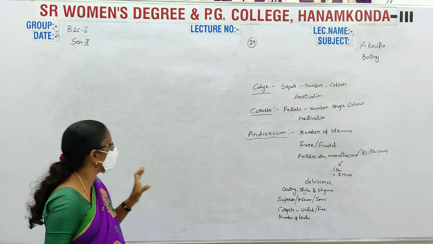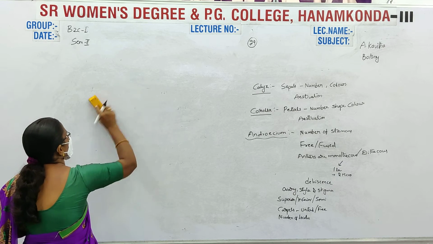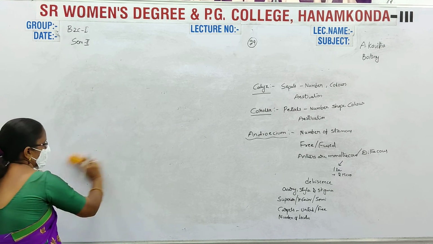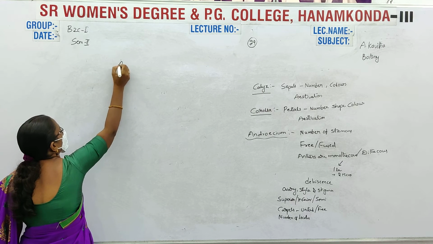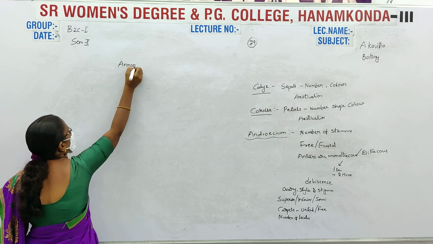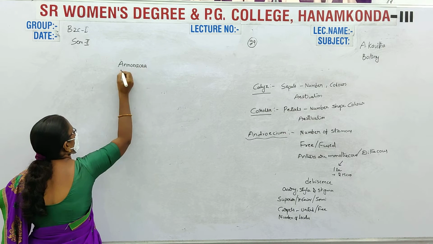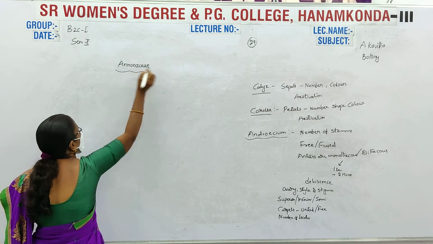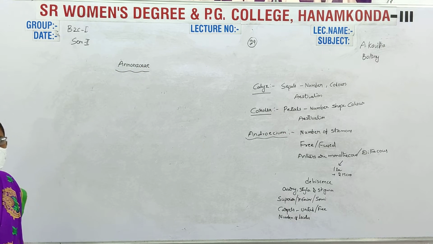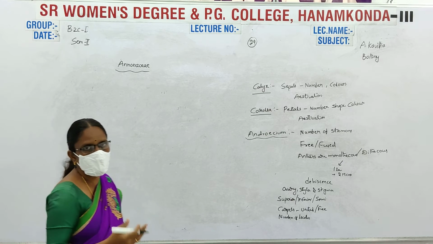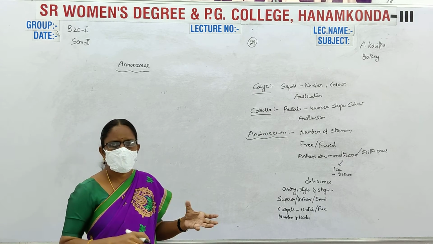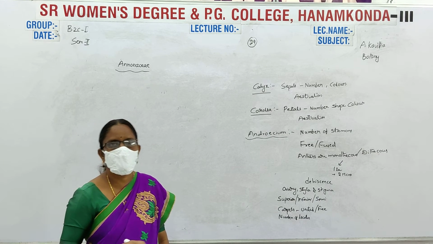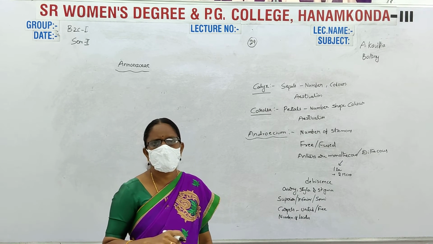First we will see the first family, which is Annonaceae. In the Annonaceae family, first write the classification of Annonaceae.